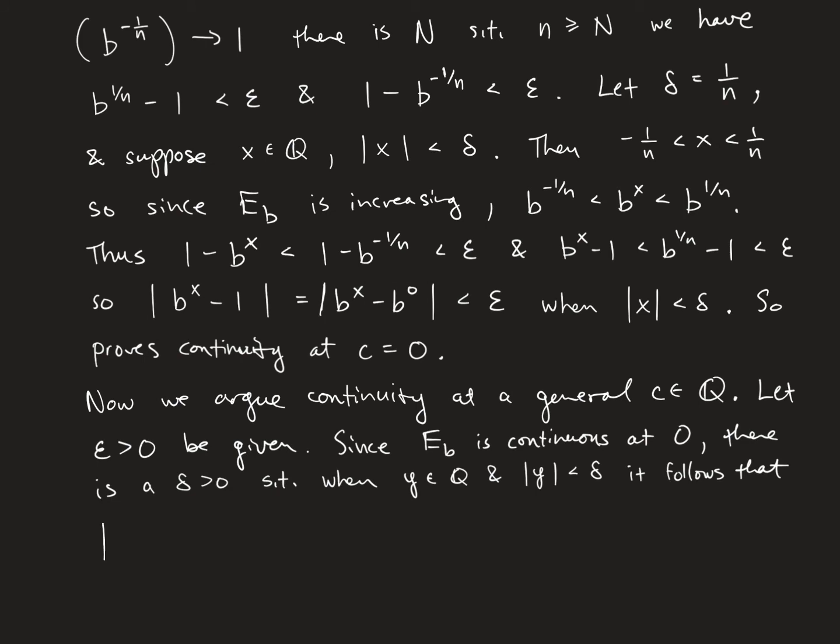That follows that b to the y minus 1 in absolute value is less than epsilon over b to the c.